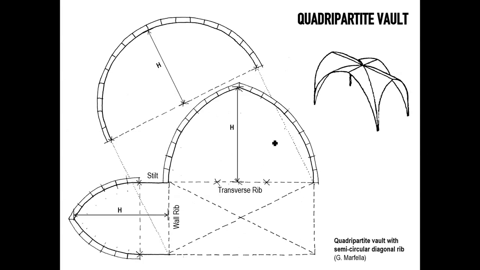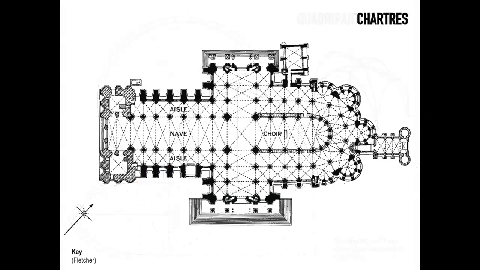Again, it is defined by the transverse ribs and only by 1 wall rib on each side. Now the diagonal ribs are still semicircular, so that is maintained, and the setting coming from the diagonals is contained. And yes, there is still a need to elevate the wall ribs on the sides because they obviously have a lesser width from which they start.